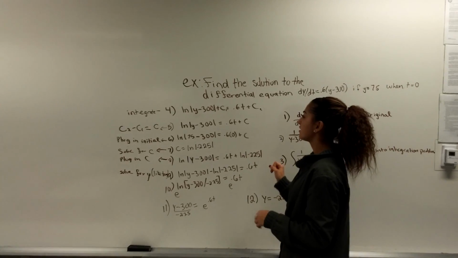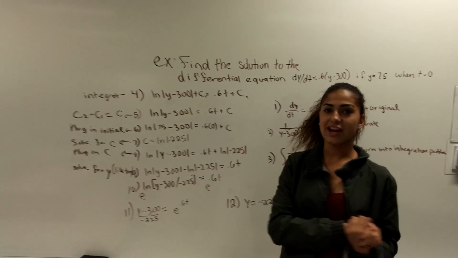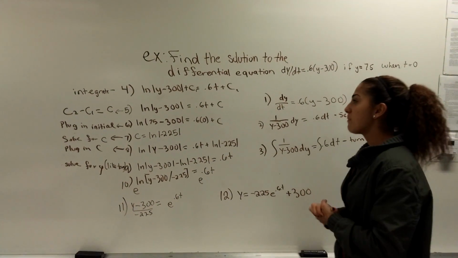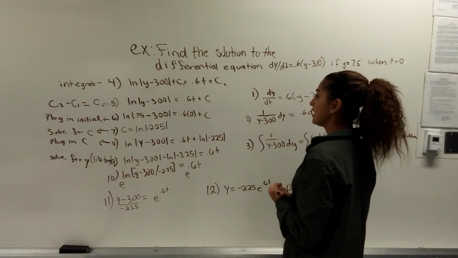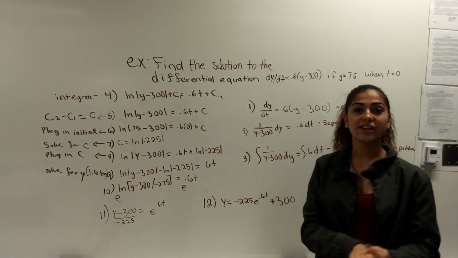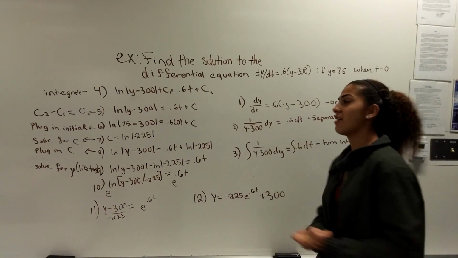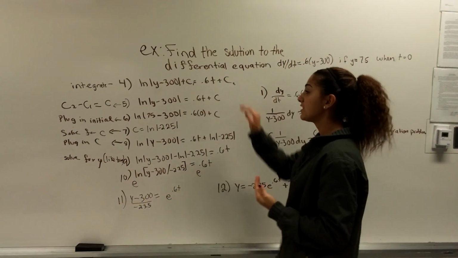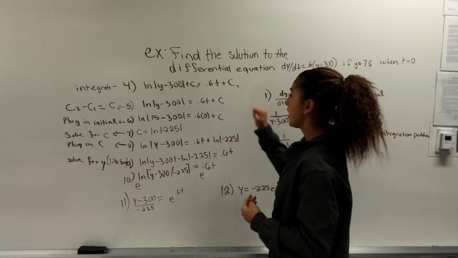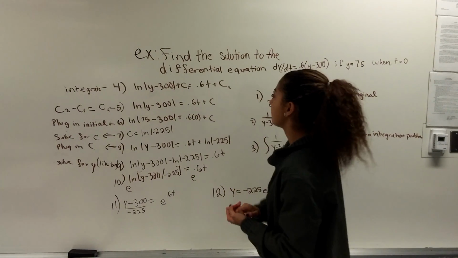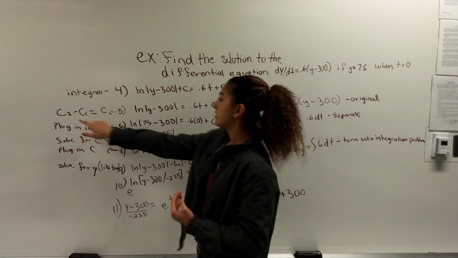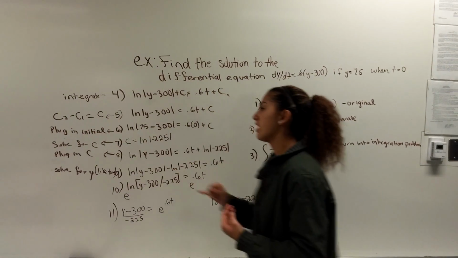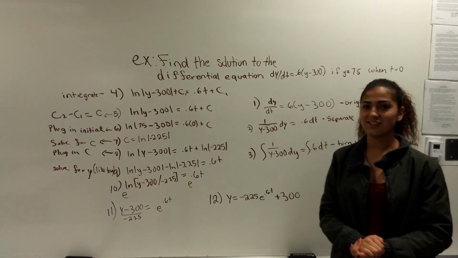Your fourth step is to integrate the problem, and by integrating we got ln of y minus 300 plus c, for a constant, equals 0.6t plus c, another constant, because when you integrate a problem, you're always going to end up with a constant. The fifth step is to pretty much have one c on one side of the equation. So you're just going to do c2 minus c1 equals c, because a constant minus a constant equals a constant.